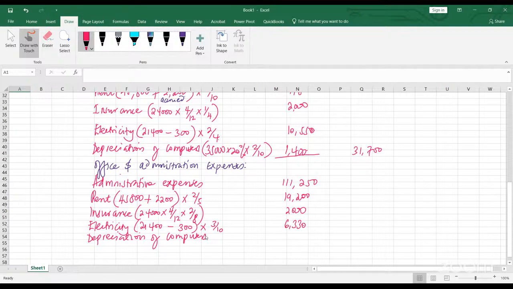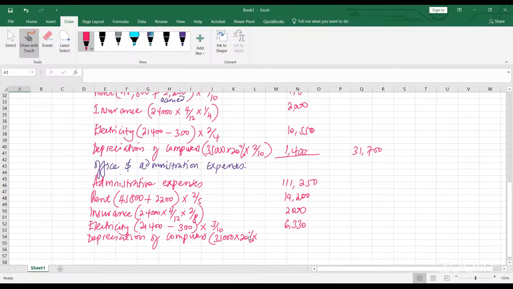Depreciation of computers: we have been told the total cost of the computers is 35,000. We depreciate at 20%. How many computers are used for administrative purposes? Five.